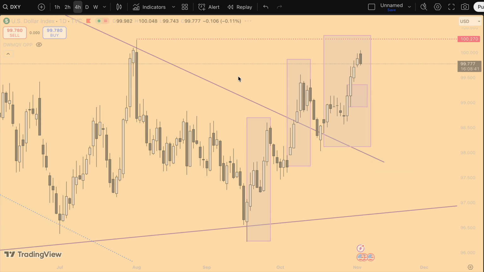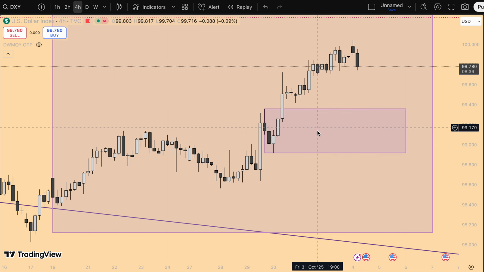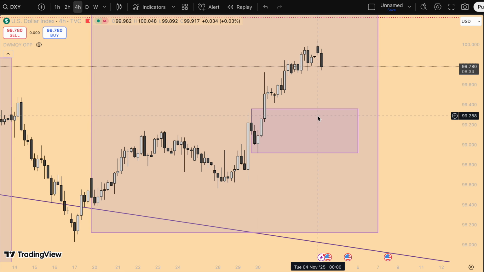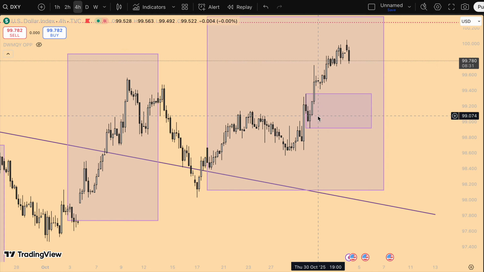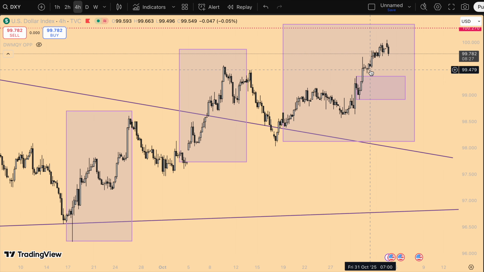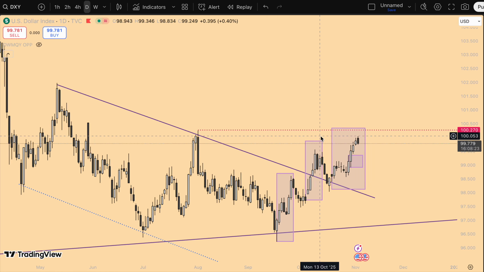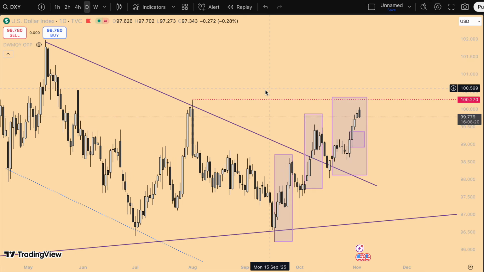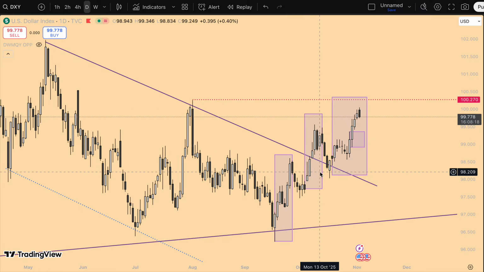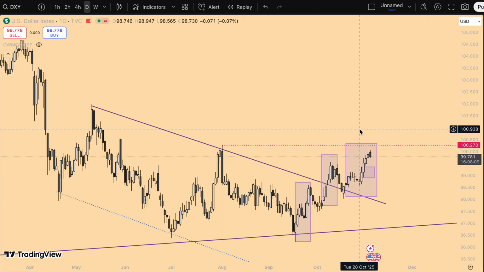So I'll be looking to perhaps grab some liquidity lows, maybe take some lows here, and then connect with this demand area and wait for that change of character as we talked about, and we can start to add to those dollar long positions. Because as you see, guys, we're not looking for any shorts just yet. I would only be looking for a short once we break below 98.05. At the moment, I'm all in for longs on the dollar.